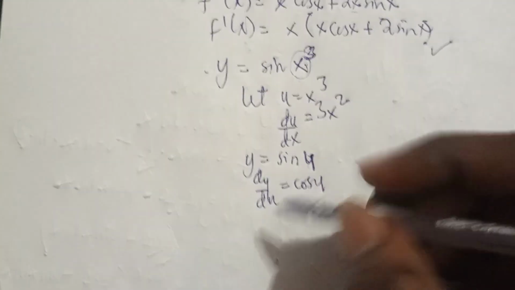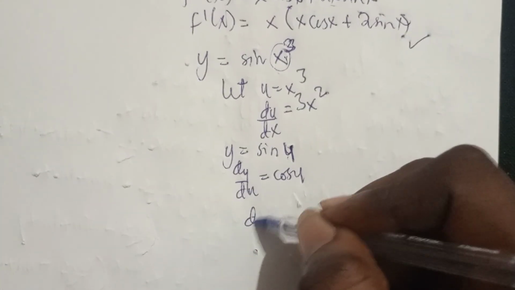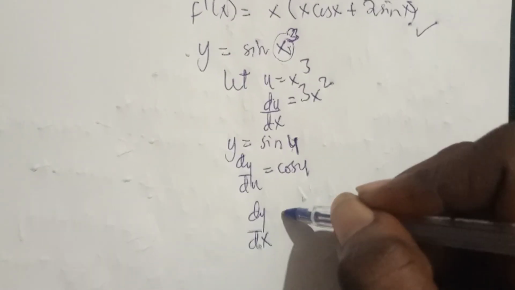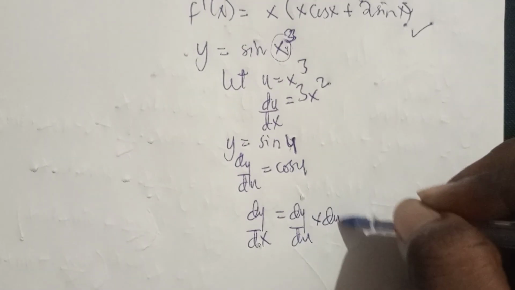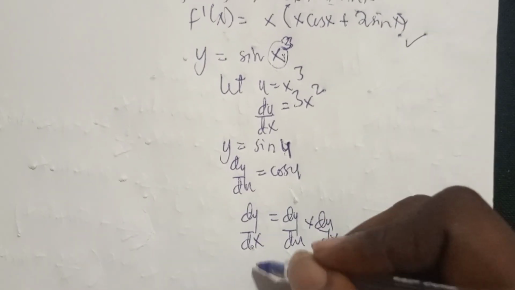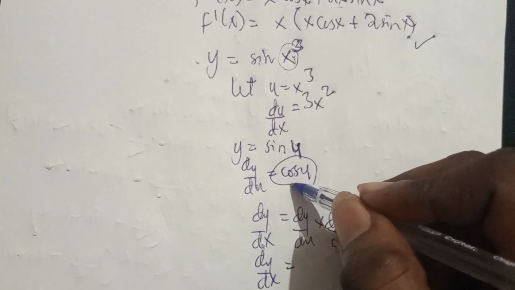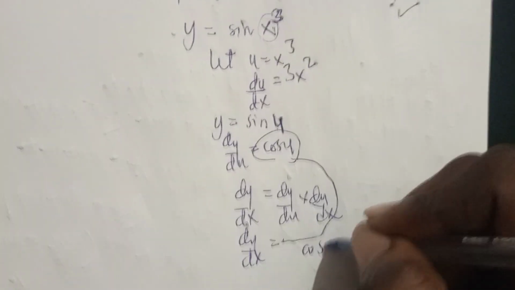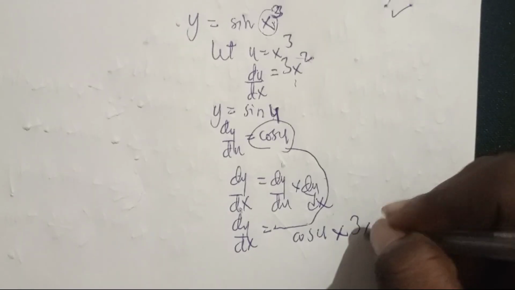So from here, we can state the chain rule, that's dy/dx is equal to dy/du times du/dx, right? So our dy/dx is equal to, our dy/du is cos u, times du/dx, which is 3x squared.